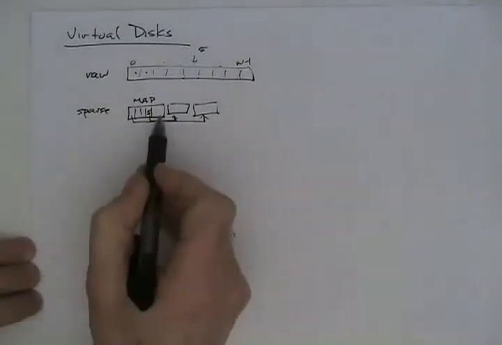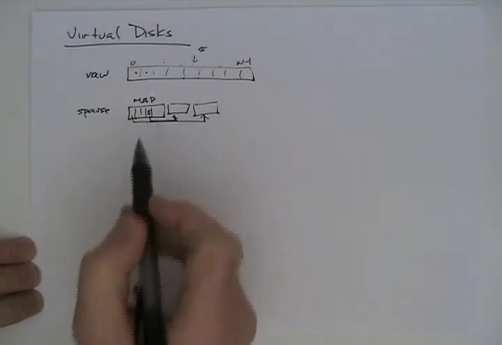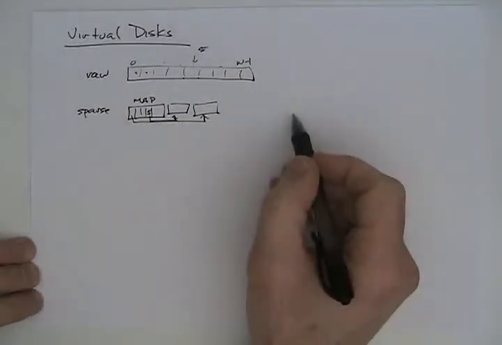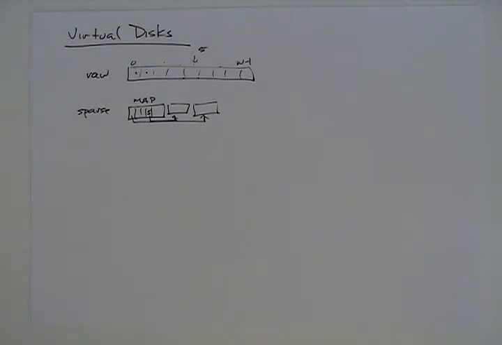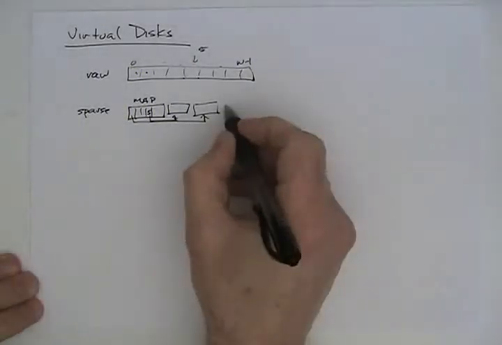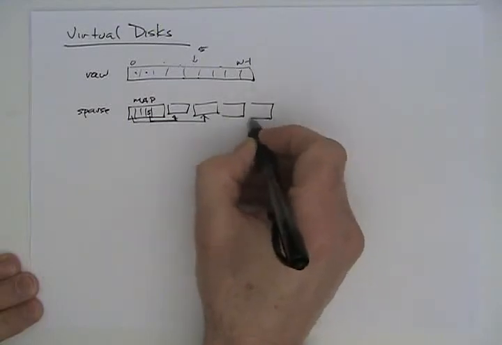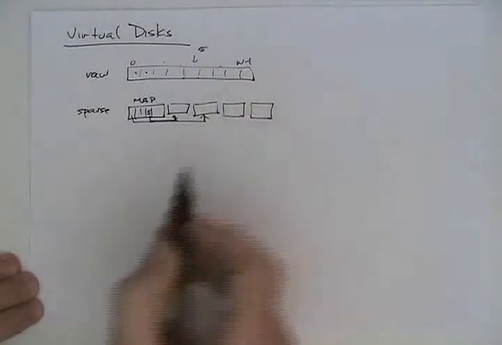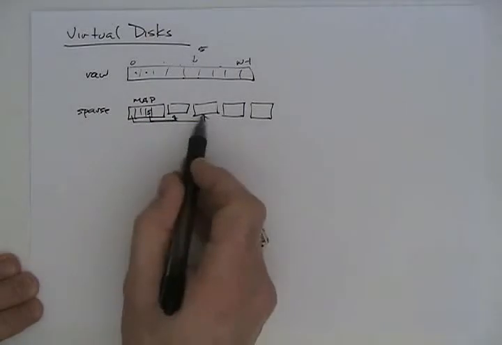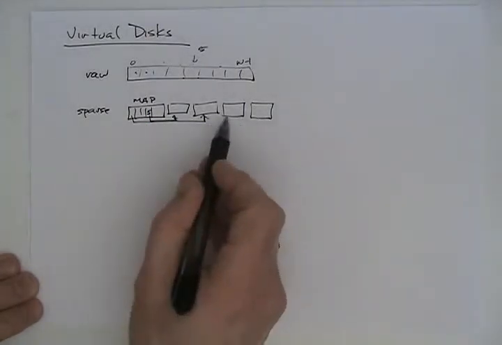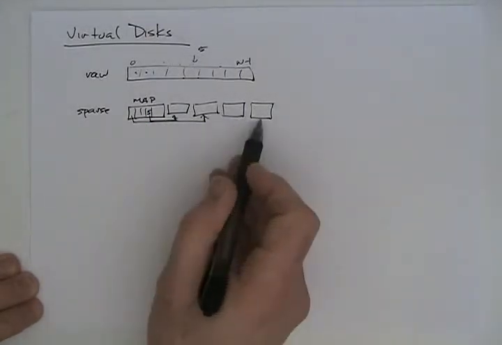And this means that we can start with a very small disk image but still have a large maximum size. We can say, give this virtual machine a 256 gigabyte disk image, but after we install the OS and the applications, we might only be using 5 gigabytes or something like that. And in fact, this will have only grown to somewhere around 5 gigabytes. Typically, these chunks might be a megabyte, 4 megabytes, 5 megabytes, something like that.